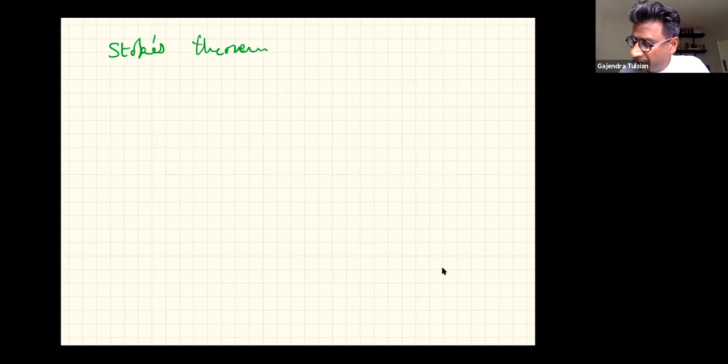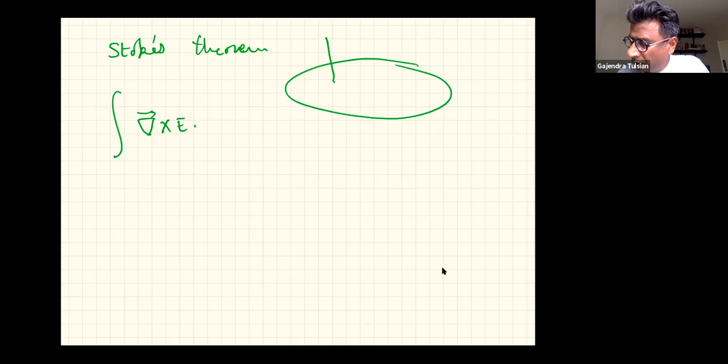What Stokes' theorem says is, here's a surface, and you take a surface integral of curl of E dA, and that is equal to the line integral of E along the curve.